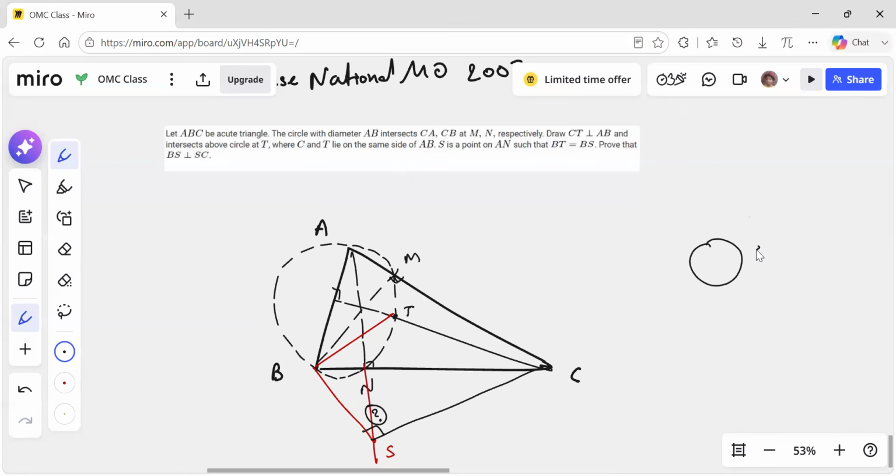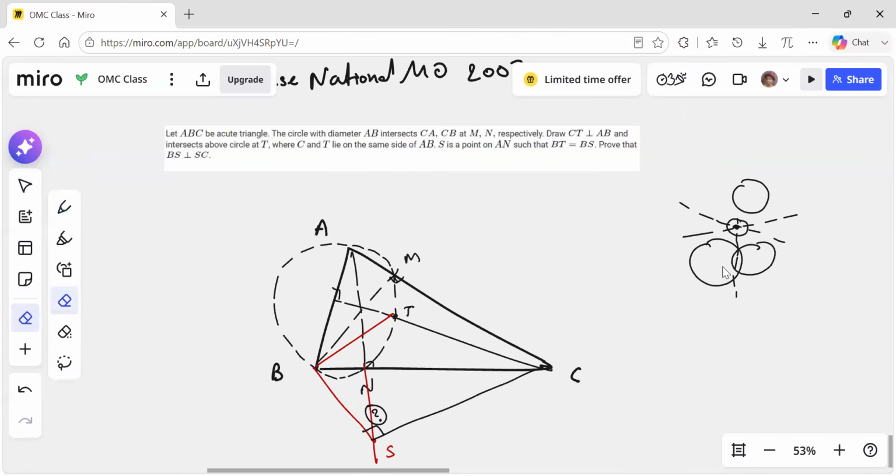If you have this and this, and then you have another circle, the radical axis of this may be something like this, and of this may be something like this. So the radical center will exist, but it will be outside all three circles. So it's not necessary that all of these must mutually intersect. Is that clear, Harshit? Okay.